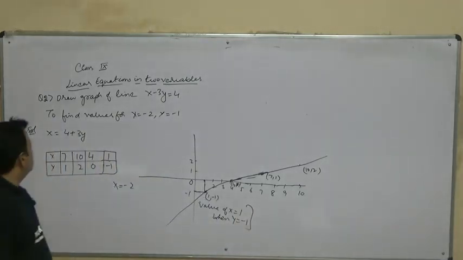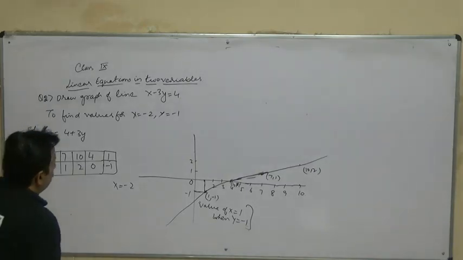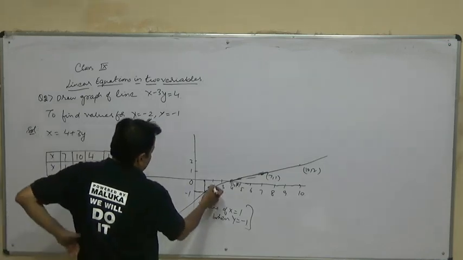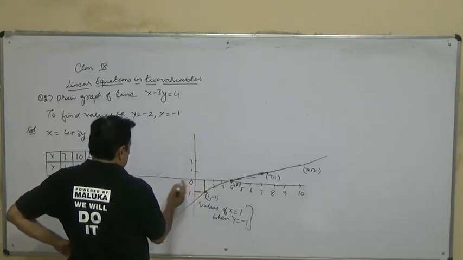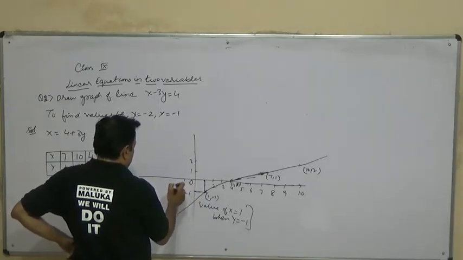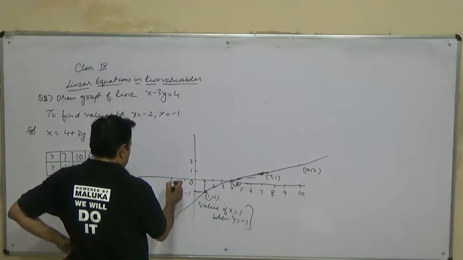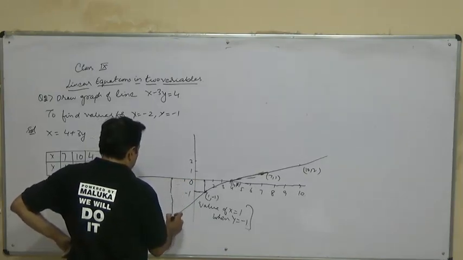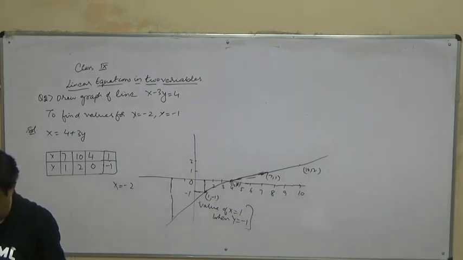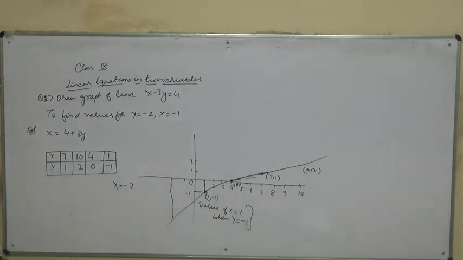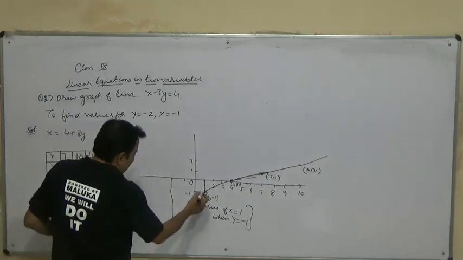When x is -2, this will be -2 here. x is -2, this is -1 and -2. So this will be somewhere here. When x is -2, this will be -6, y will be equal to -2. So this comes like this.